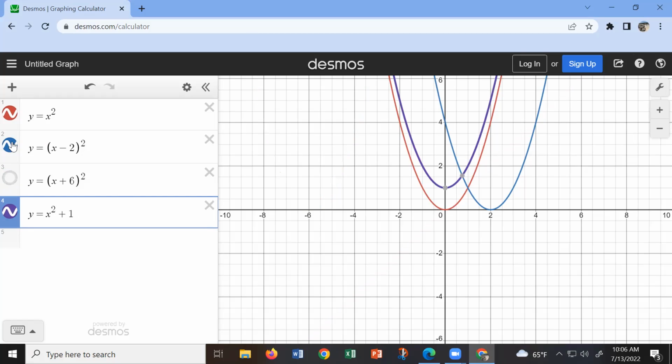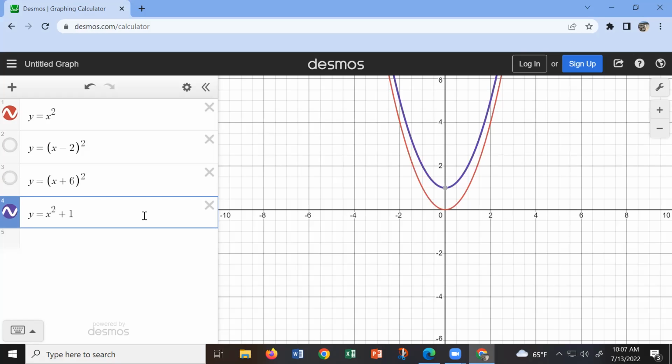So the difference between the purple one and the first two is that the 1 is not being attached to the x, right? Before, it's everything in parentheses and then you square. Here is x squared all by itself, and then you add another component.